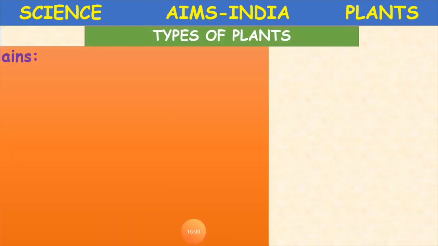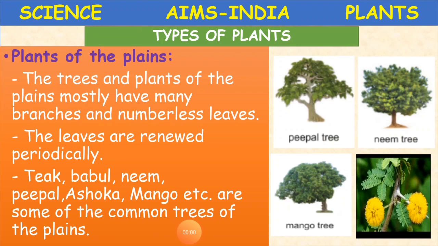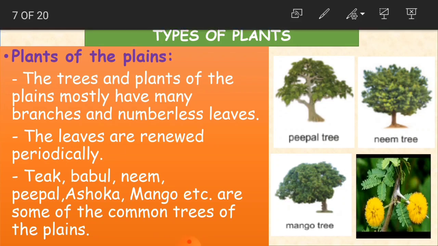So again, the other type of plants. Children, what are plains? Plains are flat surface land areas, where we can see rivers or mountains, and wherever you have a flat surface land area, you call it plains.